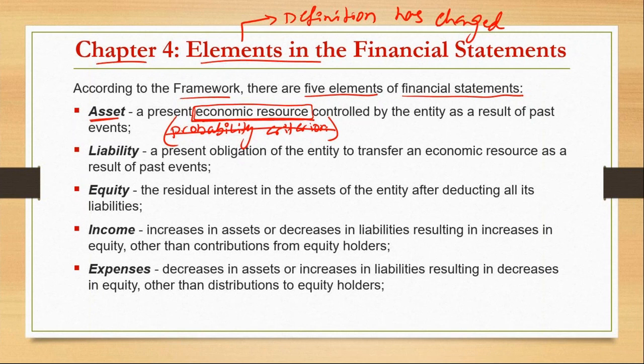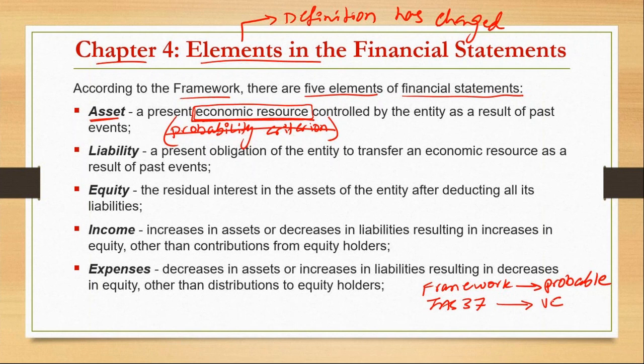The old framework 2010 required that the asset should be recorded if the economic benefit is probable. But the problem was that if we talk about IAS 37, it says to record the asset when the inflow is virtually certain.